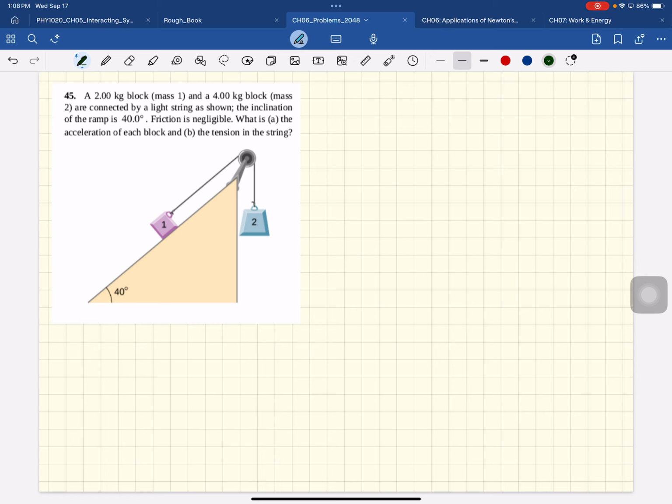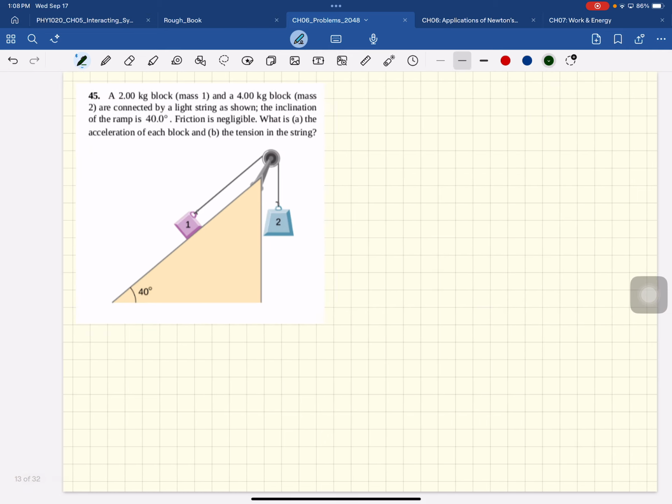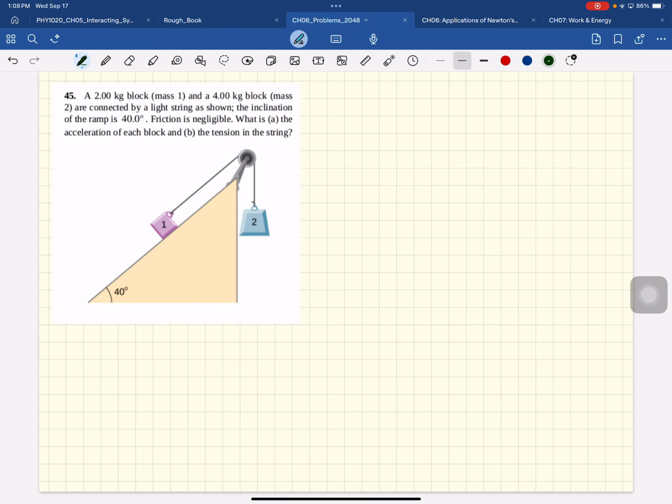All right, so this is sort of a similar problem. A 2 kg block and a 4 kg block are connected by a light string as shown. The incline is at an angle of 40 degrees.